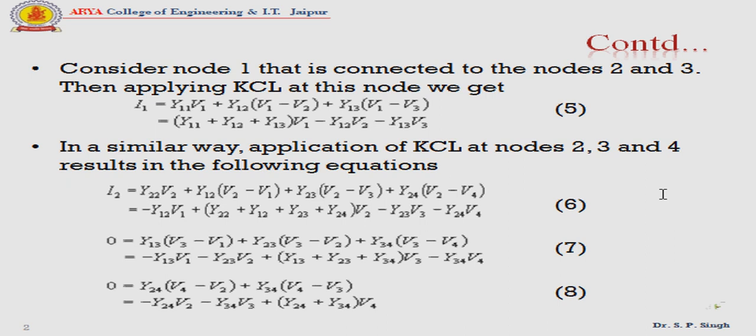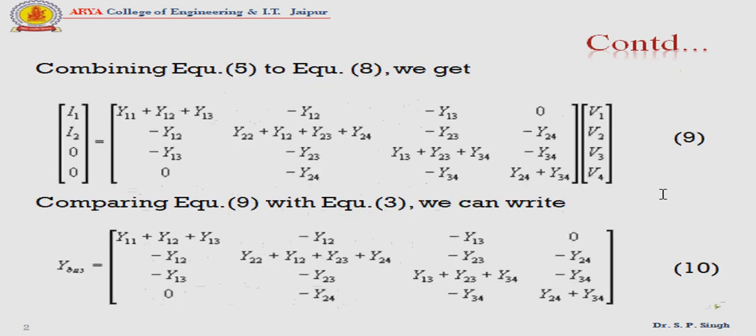Now combine equation 5 to equation 8, we get the equation 9. Then comparing equation 9 with equation 3, we can write admittance matrix Y bus as given in equation 10.